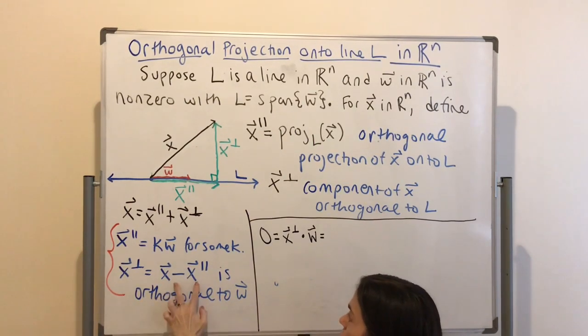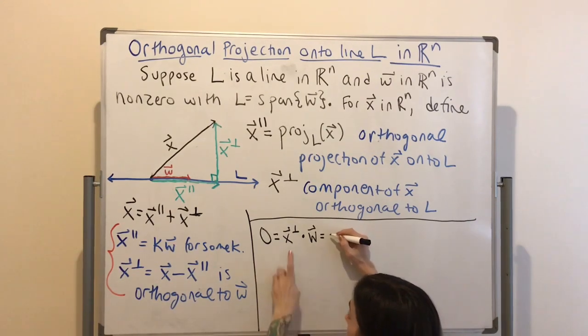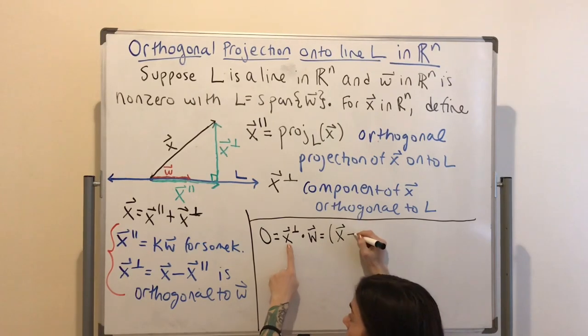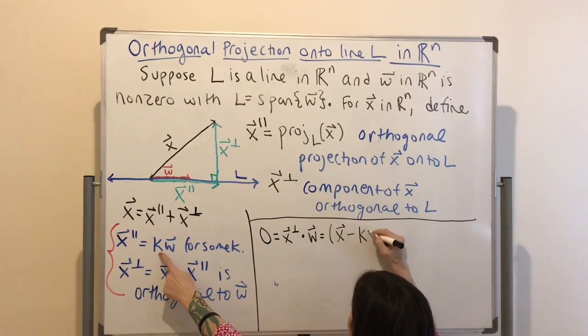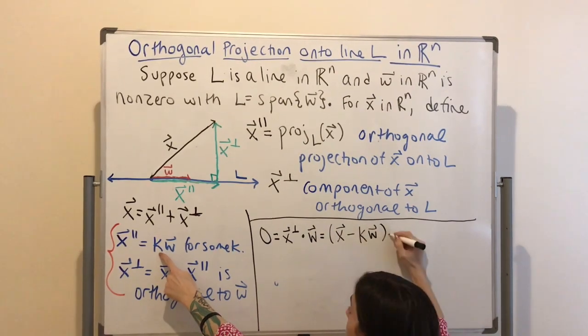And this is x minus, and now this orthogonal projection I know is kw, then dot w.